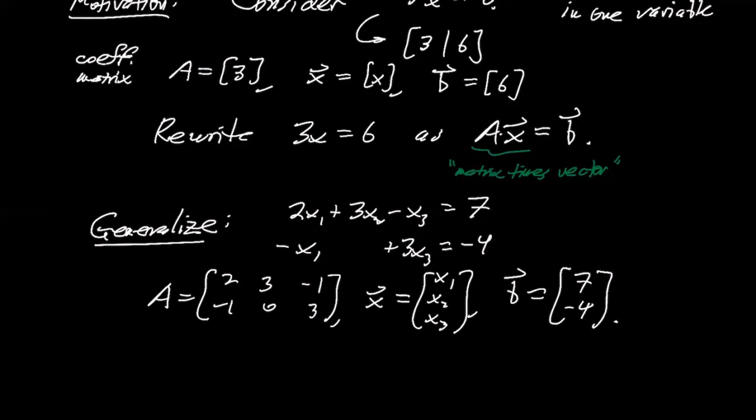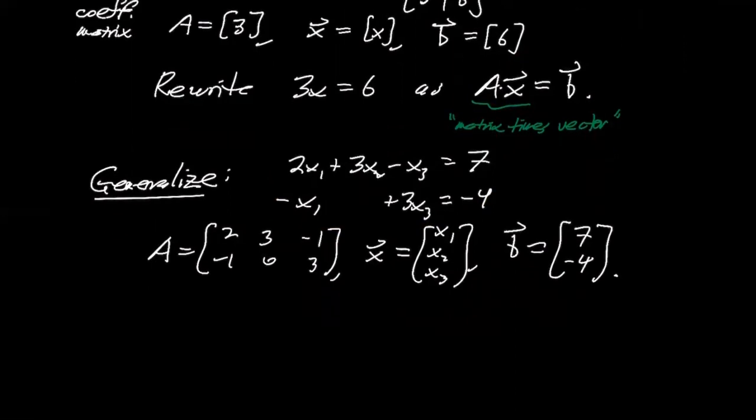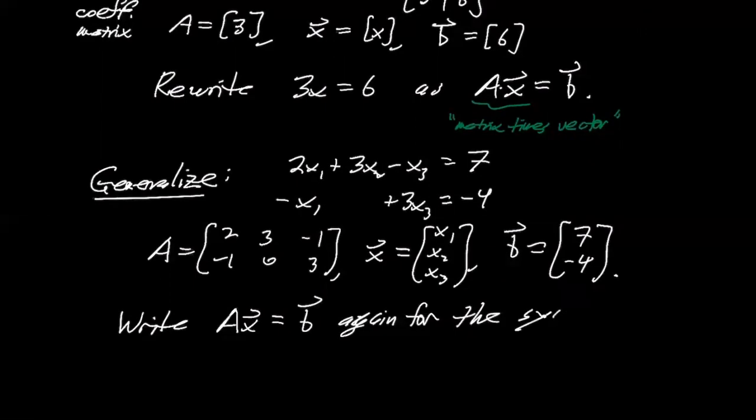And what I want to do is write this again to sort of stand in for this system. And it just turns out mathematicians do that. In some ways, what you do is you write Ax equals b again for the system. And we can think about this as almost like we're factoring the left-hand side.